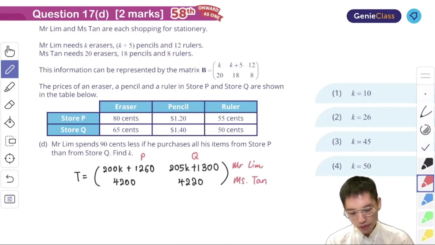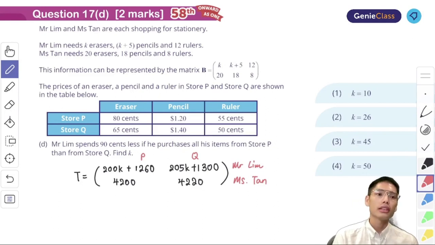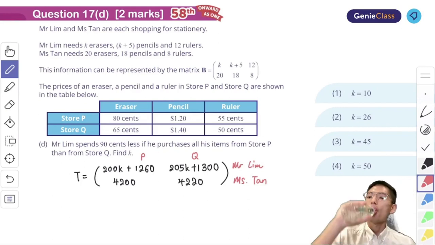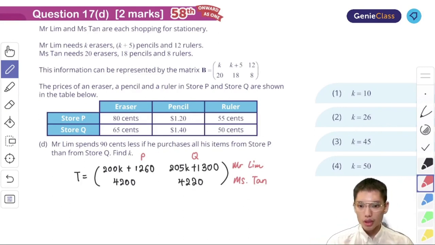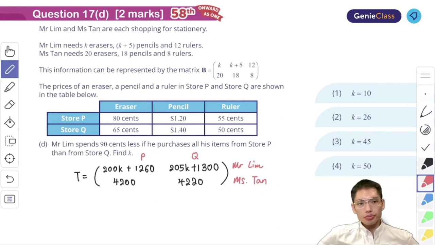Look at this information over there and solve for your K. I'll give you 10 more seconds before I launch this, to see how you guys respond. Okay, last 2 seconds before I launch it, and let's go. Okay, that's good. Be careful of your manipulation, guys.